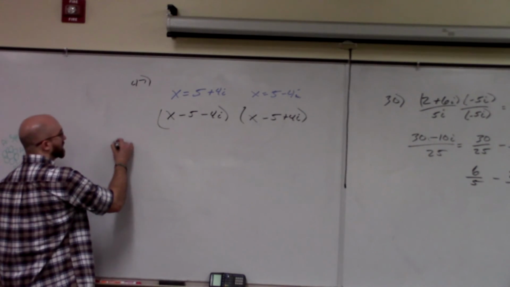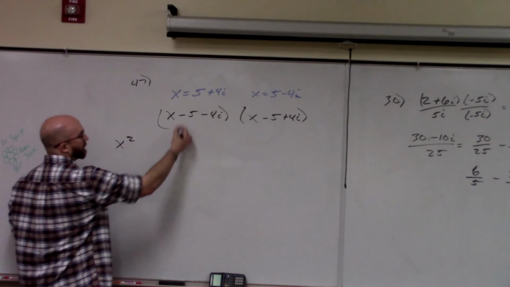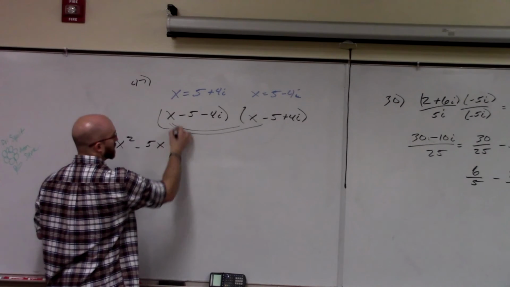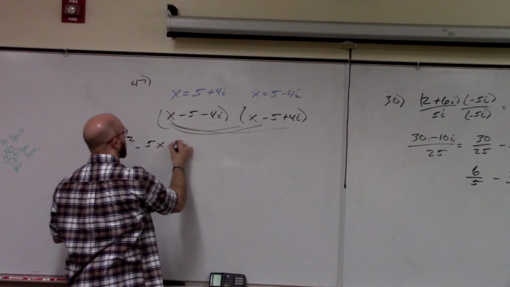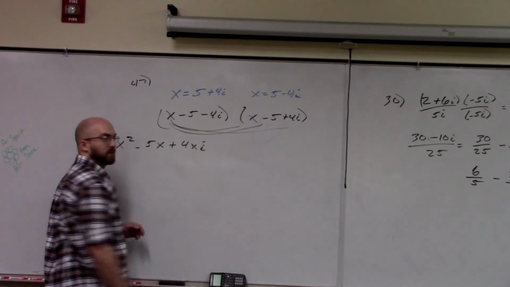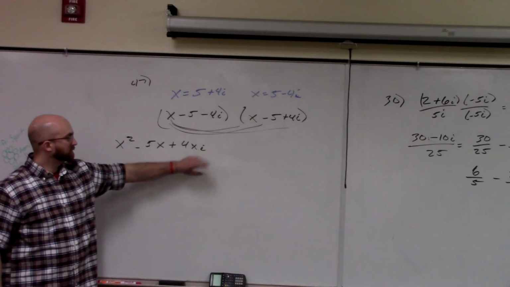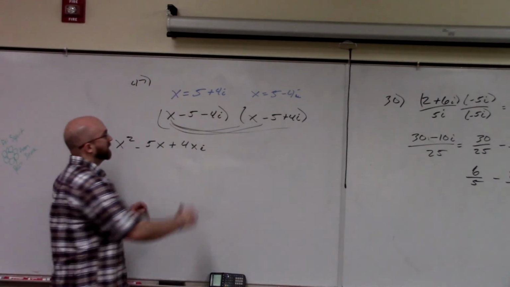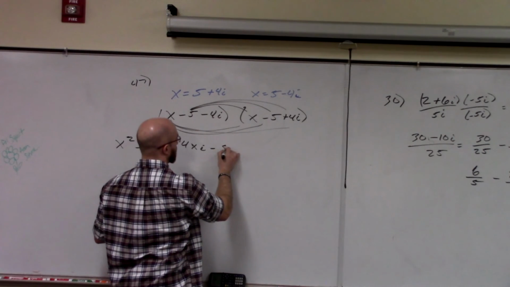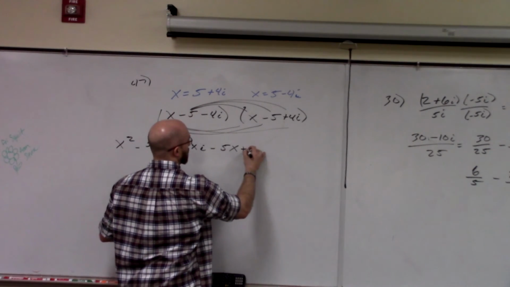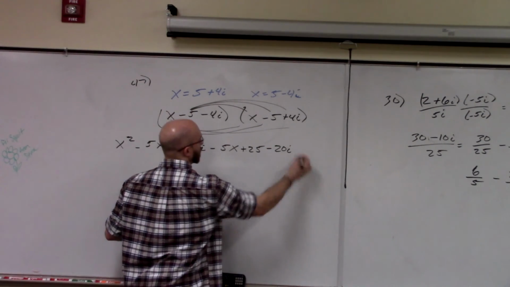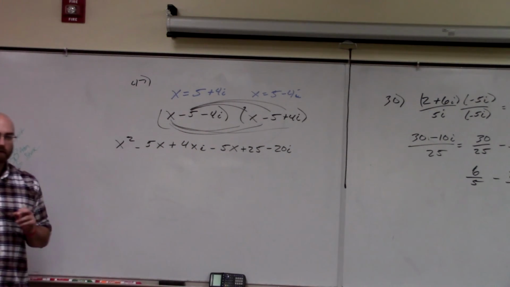Okay. So x times x is x squared. X times negative 5, negative 5x. X times 4i, so plus 4xi. And then negative 5 times everything. Good.